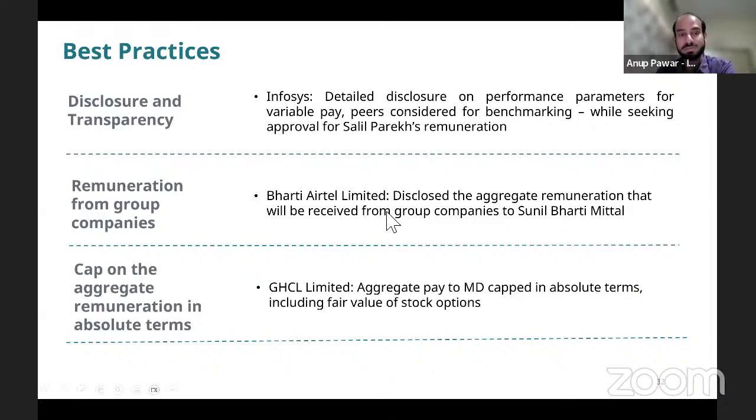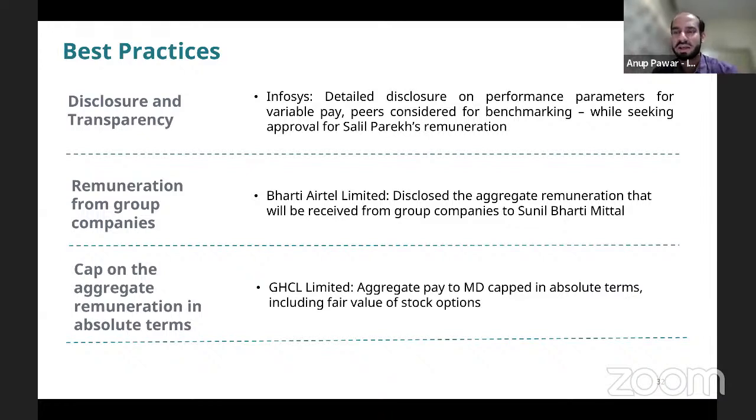Remuneration from group companies: Bharti Airtel actually said that Sunil Bharti Mittal, who's executive chair, will receive remuneration from group companies, so subsidiaries, but they had actually capped that number. They said this is going to be the number finally. GHCL, a small, now mid-sized company, had actually said in their nomination and remuneration policy that the aggregate pay to the MD will be capped at 15 crores.